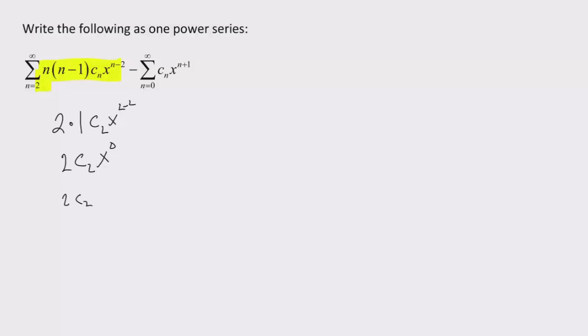And so instead of writing out the next pattern, let me just say the next term would be starting at n equals 3, and then we would have n times n minus 1 times c sub n, x to the n minus 2.